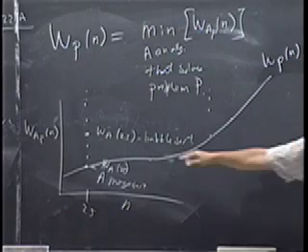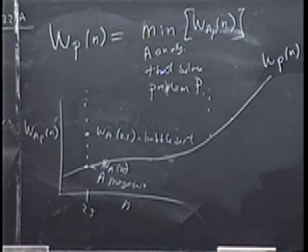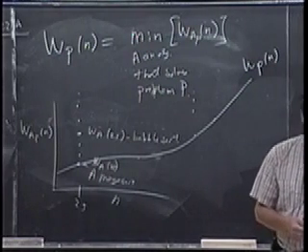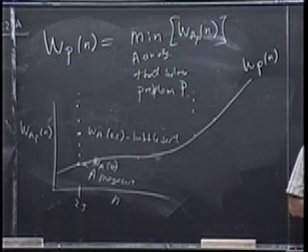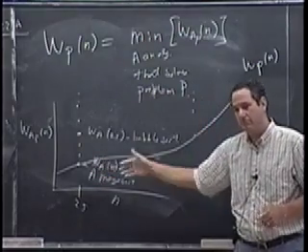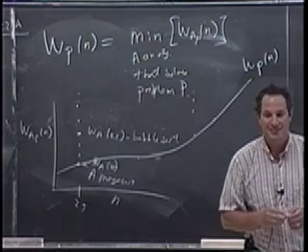Now, who wants to interpret this one? Tell me what's this getting at? What does it mean? It's the best algorithm for each input size. Close. The suggestion was it's the best algorithm for each input size.